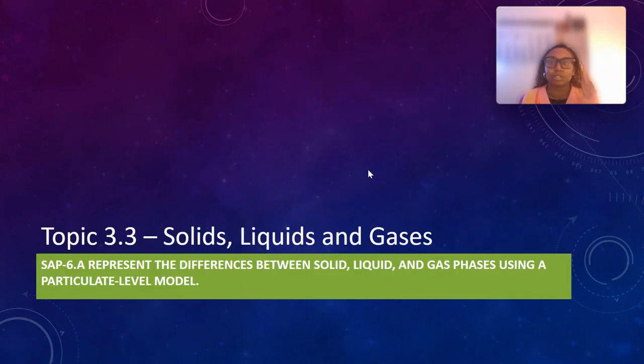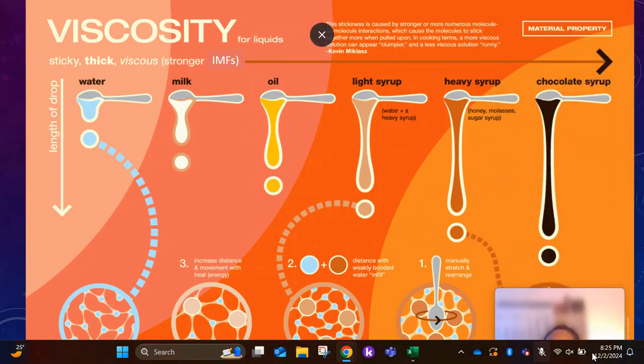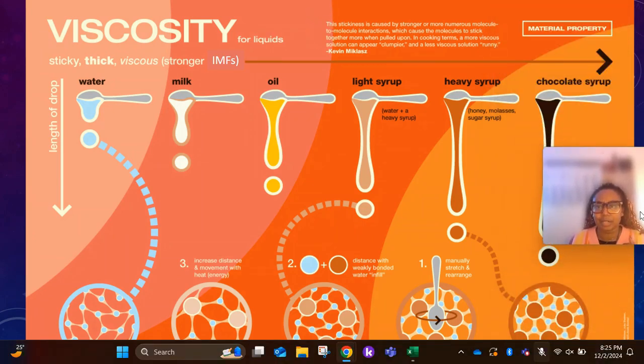All right, so now on to the last little bit, and this is pretty short. Solids, liquids, and gases. Represent the differences between solid, liquid, and gas phases using a particulate level model. So you see how short this is, right? So in this image, and I know I'm kind of covering it a little bit, when we're talking about viscosity, right?